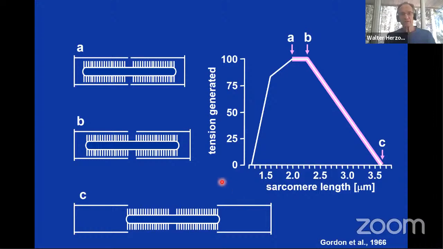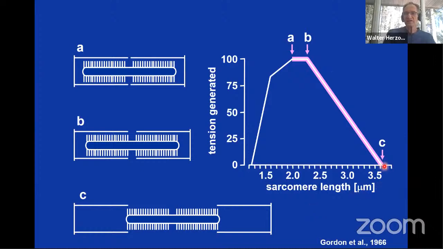This relationship is nicely explained by some elements of the cross-bridge theory, because when we look at the descending limb here at the plateau, we can explain this very nicely with the amount of overlap between the actin and the myosin filament, and therefore the number of cross bridges that can interact between actin and myosin.